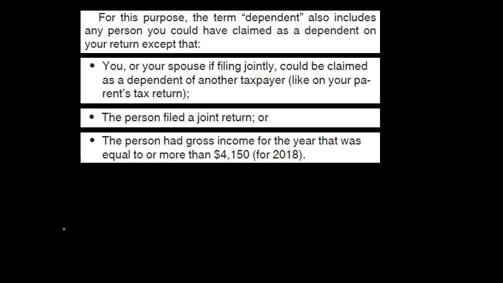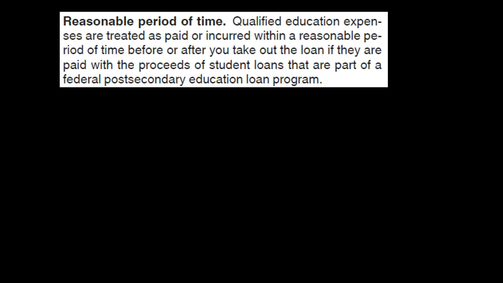So we're basically saying that it's anybody that's a dependent on the tax return and anybody that could have been a dependent but was just stopped from being a dependent by one of these three things. So one of these three things are conditions to be a dependent. If that thing was what kept the individual from being a dependent on the return, that might qualify as an exception. Back to the text.